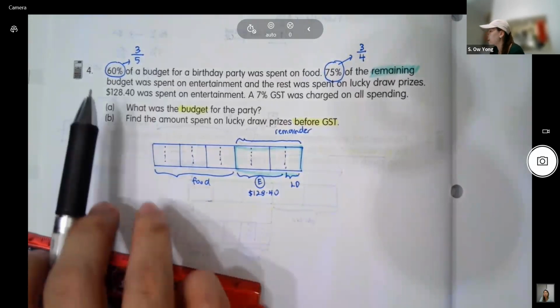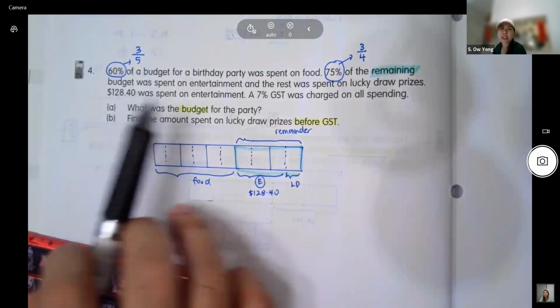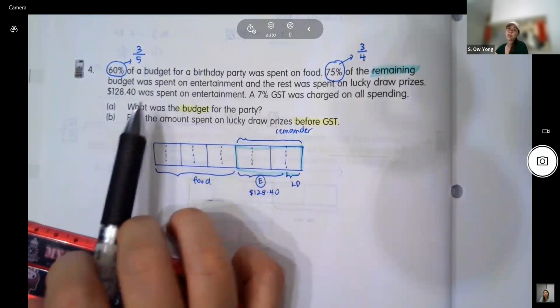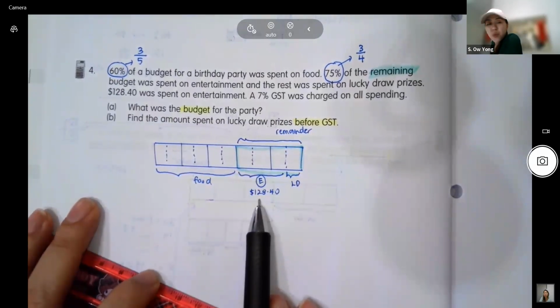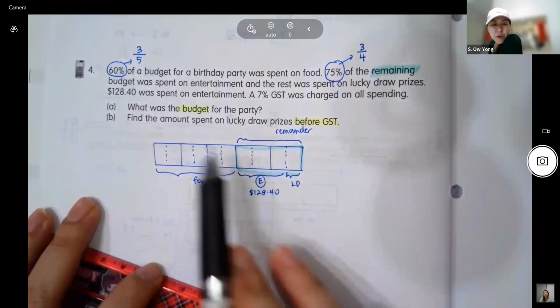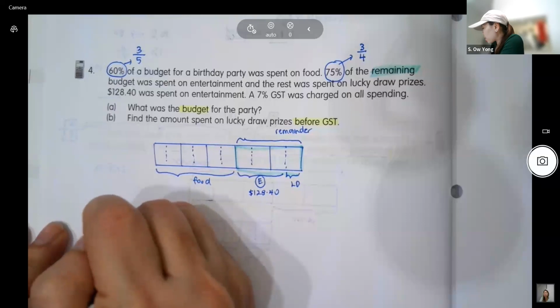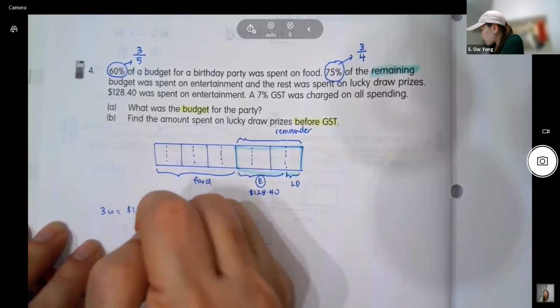Can? So does this $128.40 include GST or not? Yes, because they say a 7% GST was charged for all spending. So for this question, at least you know that 3 units correspond to 128.40. You want to find the budget, you find 1 unit and find 10 units. For example, this one, 3 units correspond to $128.40.